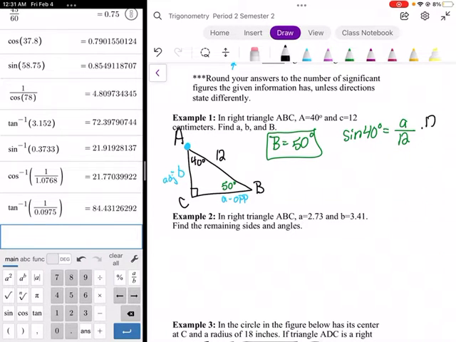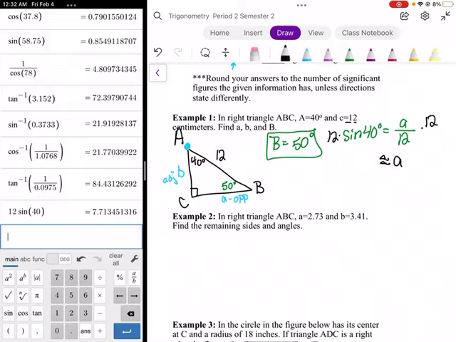To solve this, we're just going to multiply both sides by 12, which will give us the value of a. And then this one, our answer has 2 significant digits. So we're going to round this to 7.7 for the side length of a.